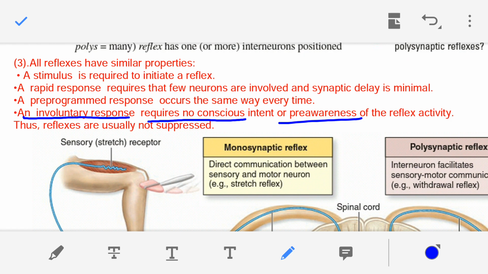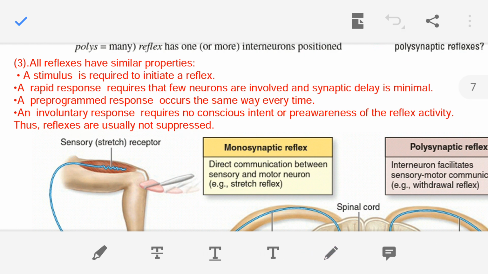It is also due to reflex activity. And the reflexes are usually not suppressed, so all the time they are going to occur. We are not stopping our reflexes, we are not capable of that, they are automatic.